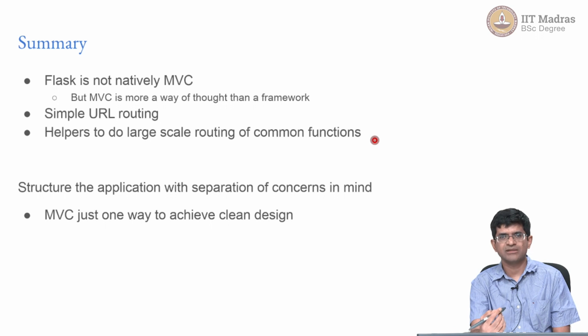Because it has a very simple URL routing structure, right? And it also has certain helpers which allow you to do overall controllers, right? Logically related groups of functions can be en masse mapped to certain kinds of functionality, right? So without having to write out each and every one of those lines of app.route, you might be able to do it in one shot by using certain kinds of template functionality that is present within Flask.